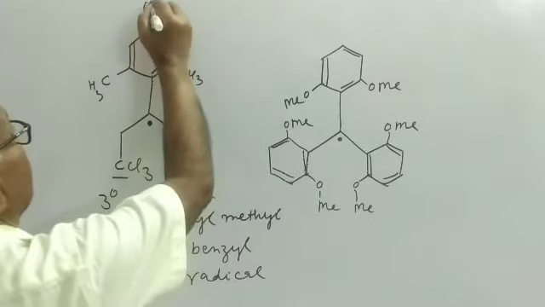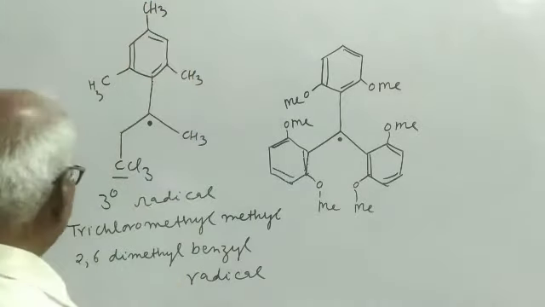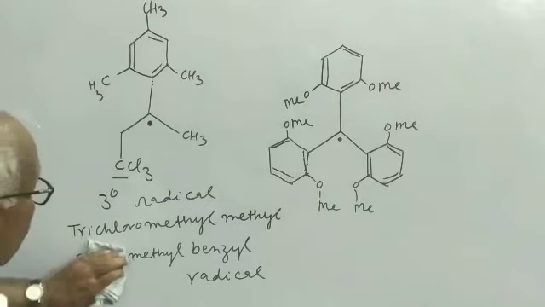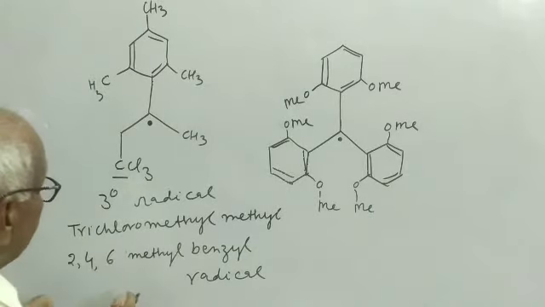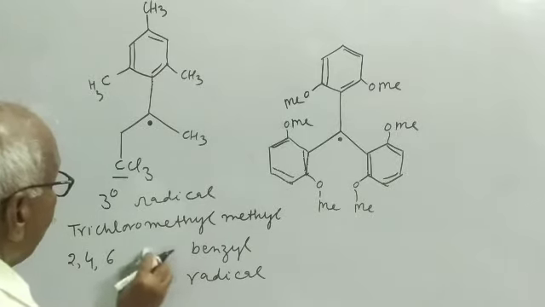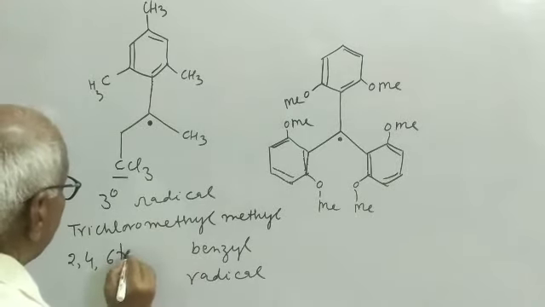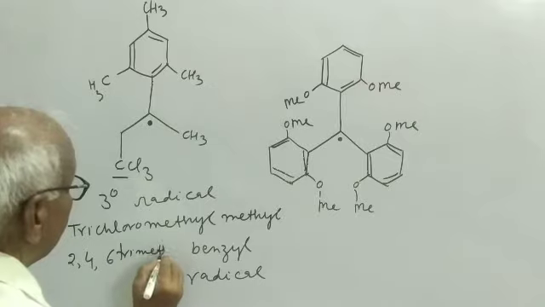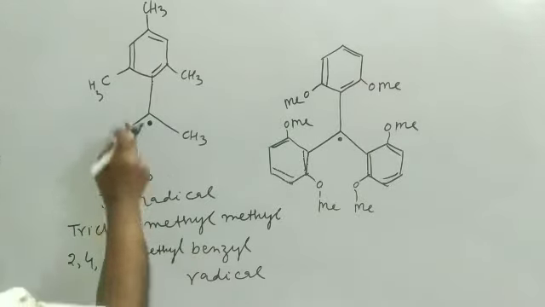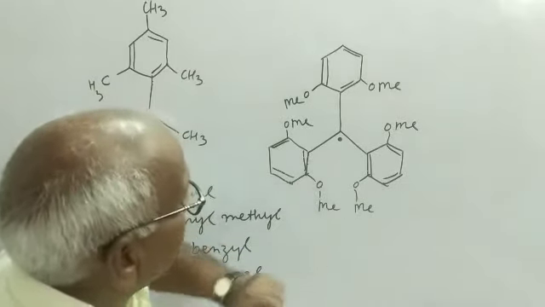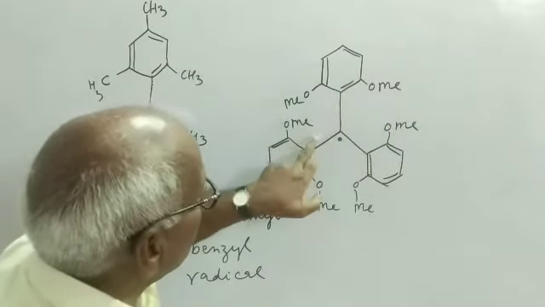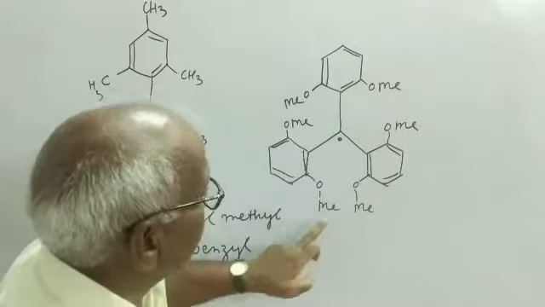the 2,4,6 trimethyl. This is 2,4,6 trimethyl benzyl radical. This carries 6 methoxy substituents, 1, 2, 3, 4, 5 and 6.